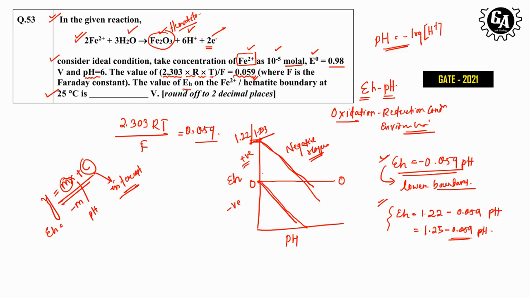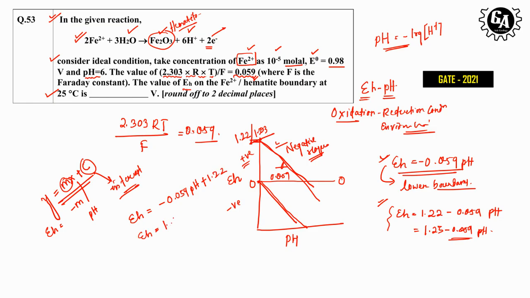Now, if we want to write down the straight line equation of this upper part, y, that is Eh, is equal to m, that is negative, and the slope magnitude is 0.059. You have to remember these things. Negative slope 0.059, and x is your pH, plus c, we are writing for the upper part. This is 1.22. So what is the value?